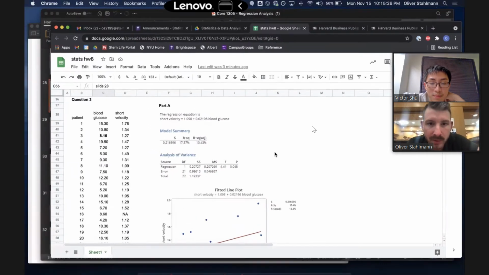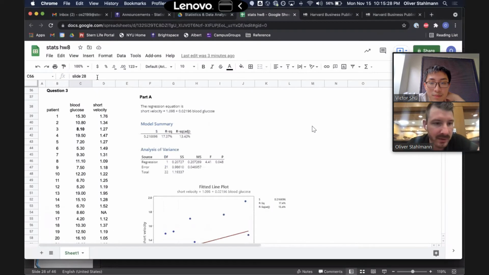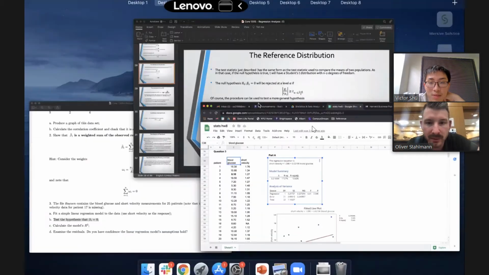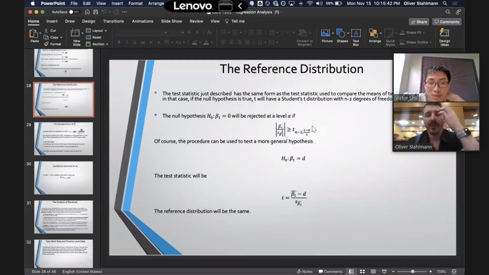Blood glucose is X, effectively. If this is Y equals MX plus B, then my slope is 0.02196. That's B1 hat.